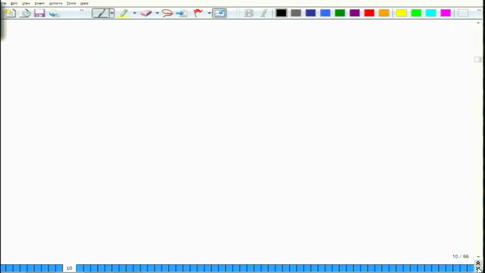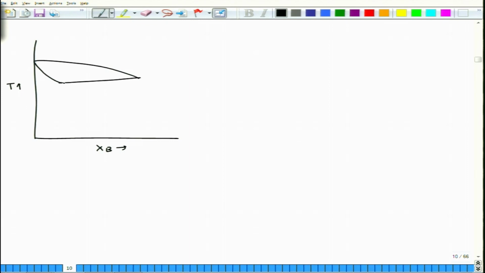So, we drew a microstructure for a phase diagram like this, and we were in this region. This was C3.